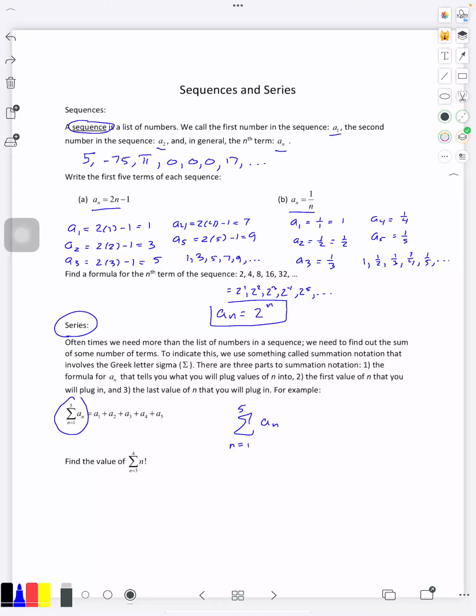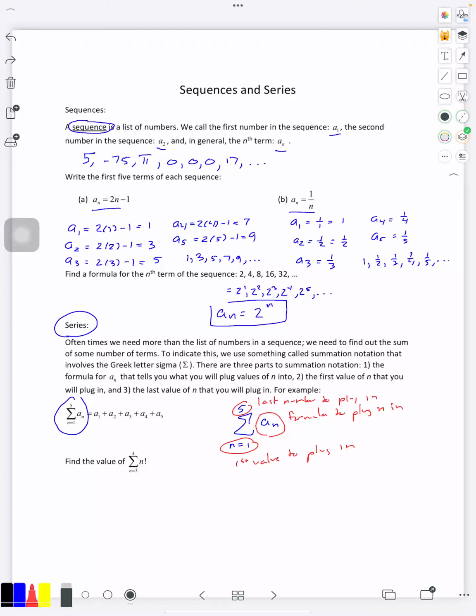So the A_n on the right, that's the formula to plug n in. The number on the bottom is the first value to plug in. And the number on top is the last number to plug in.